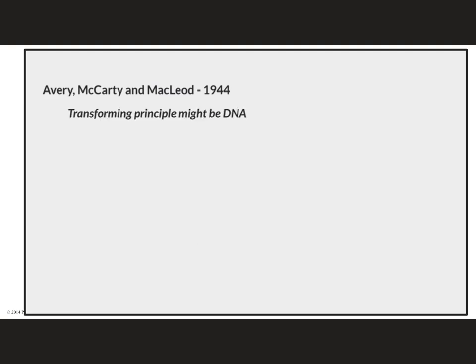There were several results from their experiments that led them to this idea. One of them was that the purified substance that they got gave a negative result in tests known to detect proteins, but a very strong positive result in tests known to detect DNA.